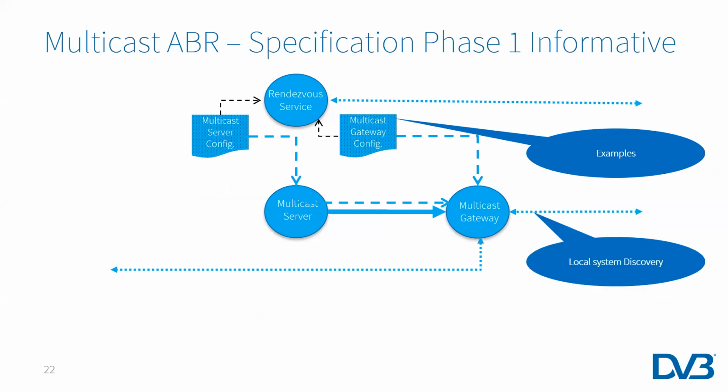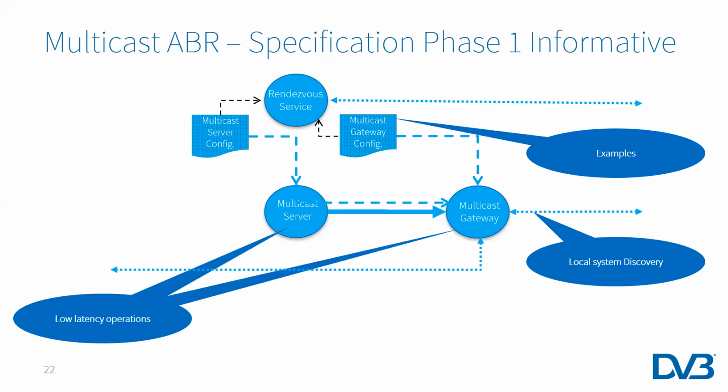We have a protocol for detecting or discovering the multicast gateway in a LAN, in a home network. This is informative. You're not obliged to use it. It can just facilitate some deployments, which is why it is there. And then we have described, with more attention, the low latency operation.